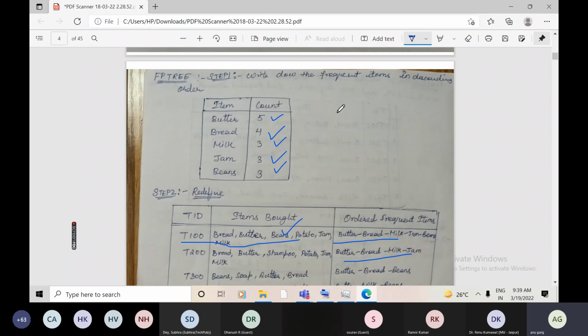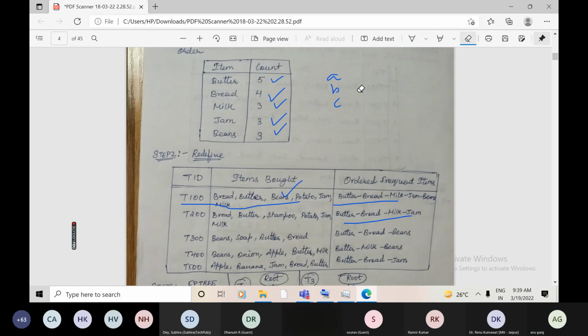But in case of alphabets, if it is given, you write in alphabetical order. But I heard that in some section, ma'am has taught that even if it is given like this, write that also in alphabetical order, decreasing order. Oh, decreasing order of alphabet. Okay. But I don't know how it is going to make a difference. It should not make any difference, but that's how it's being taught, it seems.